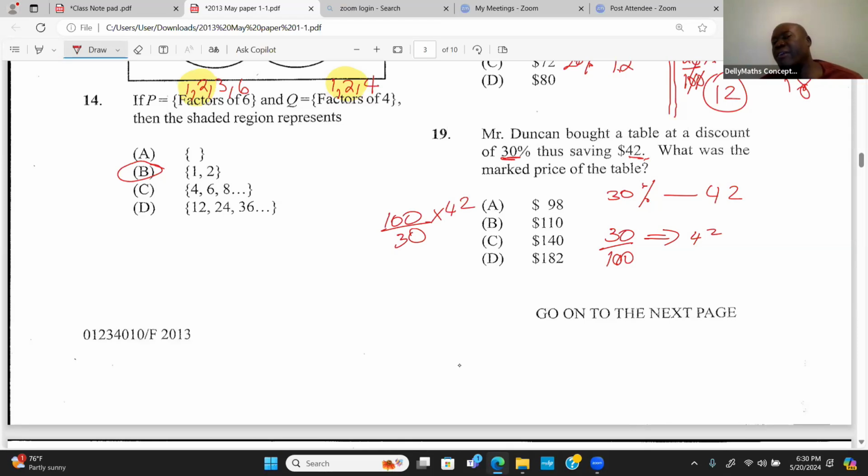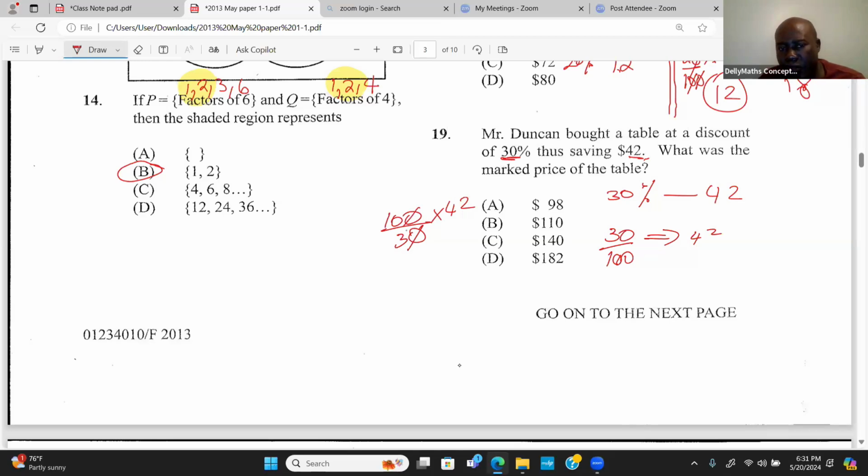Let me go again. If I have any fraction of a thing and I want to find the original, so if you tell me that 30% of something is 42 and you're saying, what is that original thing? All I have to do is represent 30% as a fraction and reciprocate it, and then multiply by 42. And then it takes you there. So let us just do this. 0 cancels 0.